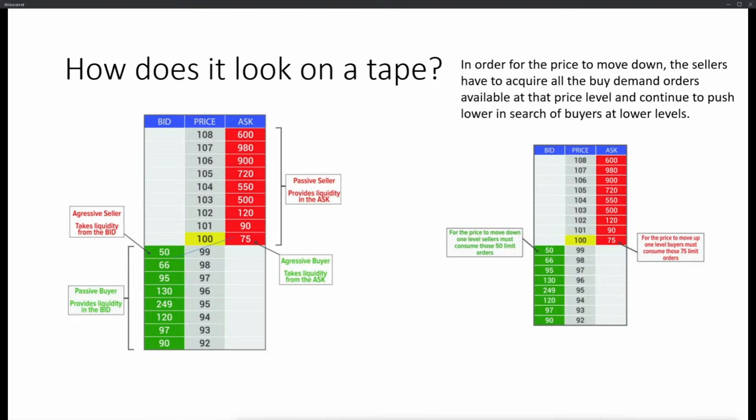And therefore, if the price drops there, if these sellers start taking out 50 at 97, 130 at 96, they're going to get to that price. Then you're going to see the bid start looking inflated, especially if they get all executed. The bid's going to look inflated. And usually you want to look for that at support levels, right?